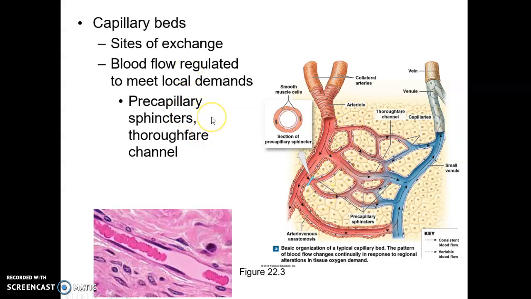There are precapillary sphincters, as you see right here, that can close down and limit the blood flow to certain areas. And if the majority of them close down, the majority of the capillary bed receives relatively little blood flow, and the blood is then directed through the relatively few thoroughfare channels.